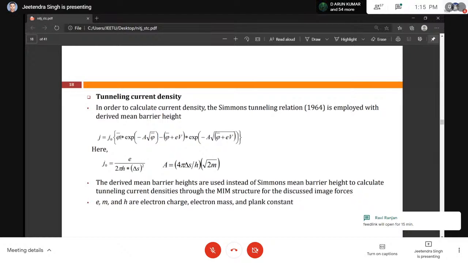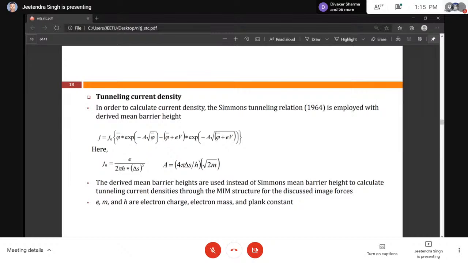He uses probability density functions and other complex formulas to derive the mean barrier height. But by this method, you can easily model the mean barrier height and just put it into these relations, which will give the tunneling relations.